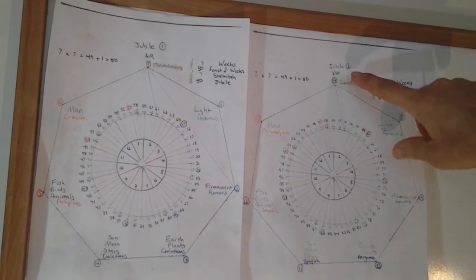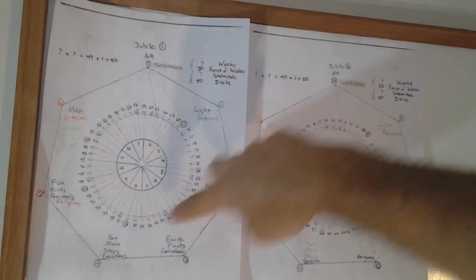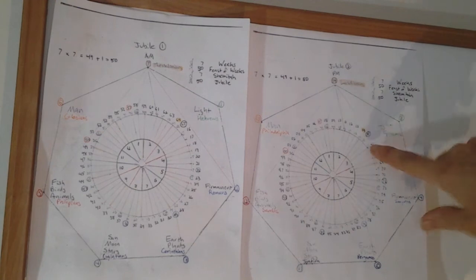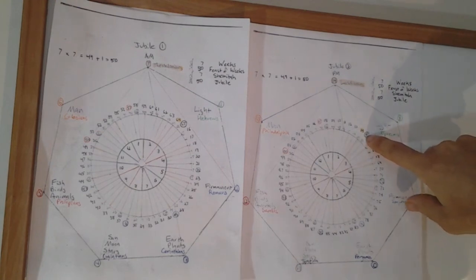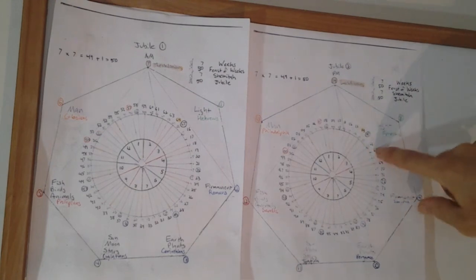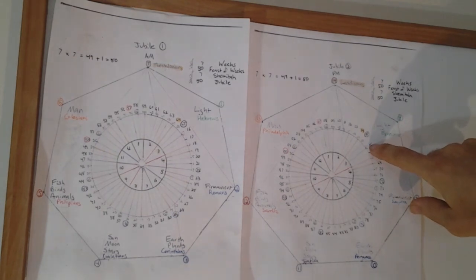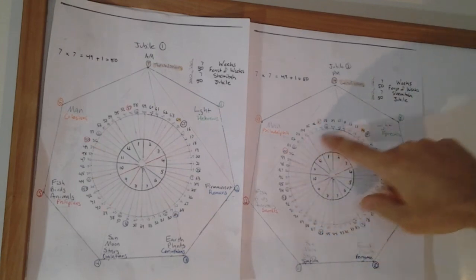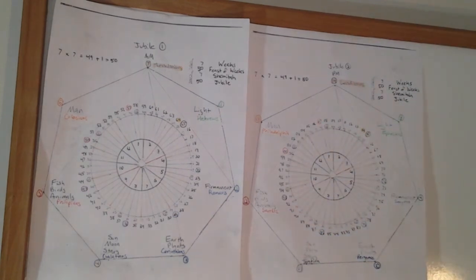So for example, here, this is the Jubilee cycle of 50 years, and then the next 50 years would lead up to 2015. Okay? So the first year of the cycle would start in 1966, and then it would go around to the year 2015. Okay?